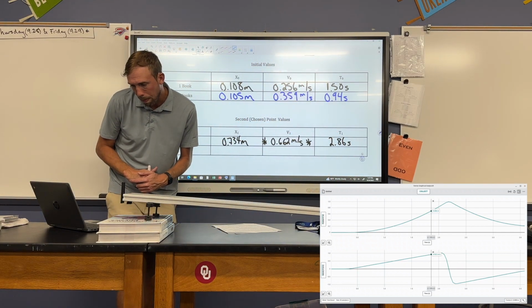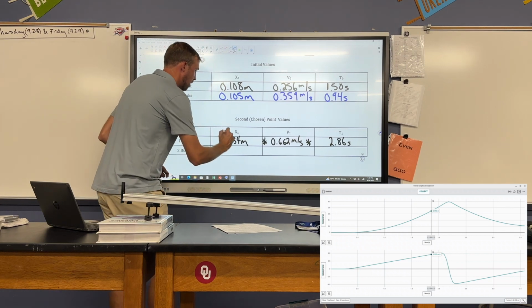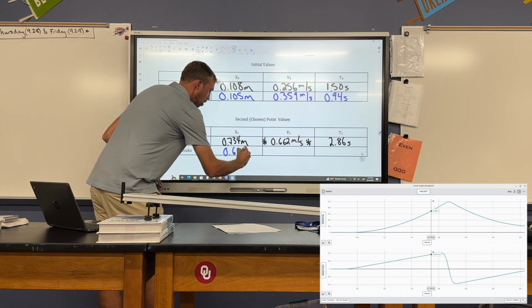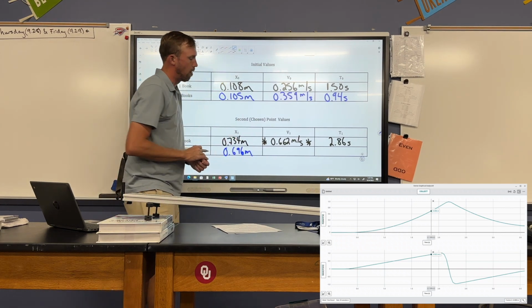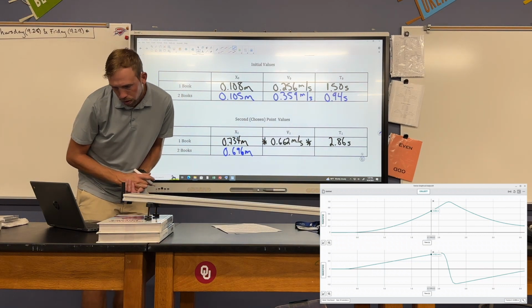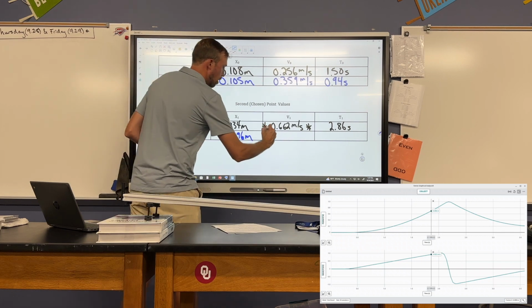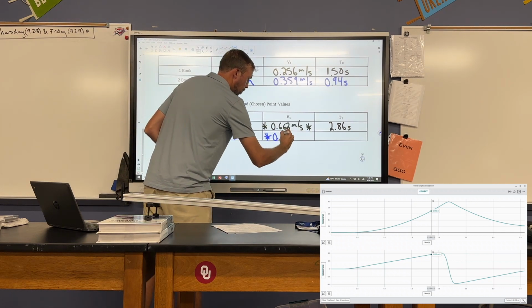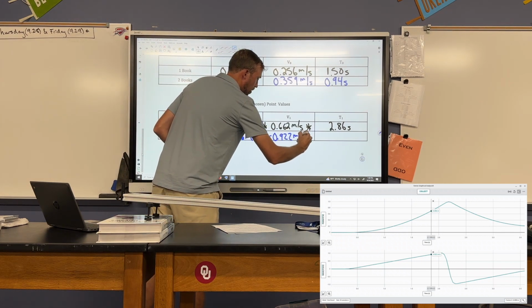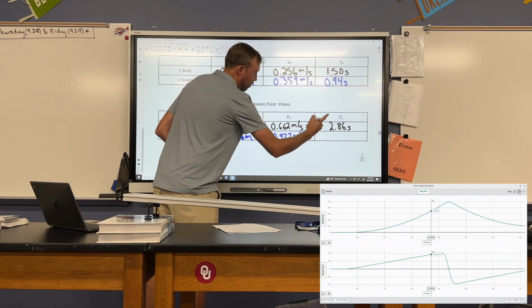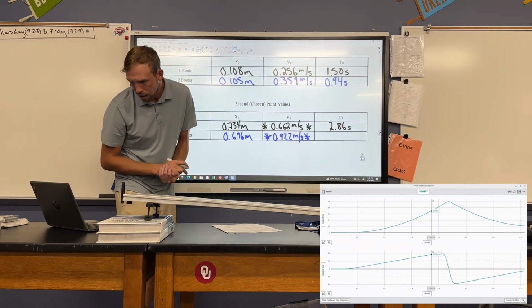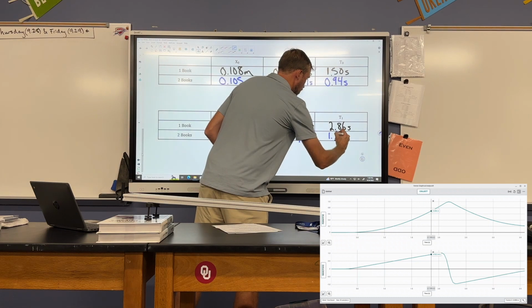Okay, my position here is 0.696 meters. And then my velocity at this point is 0.922 meters per second. And then my time at this point, 1.86 seconds.